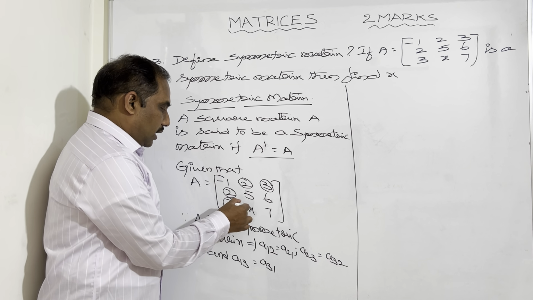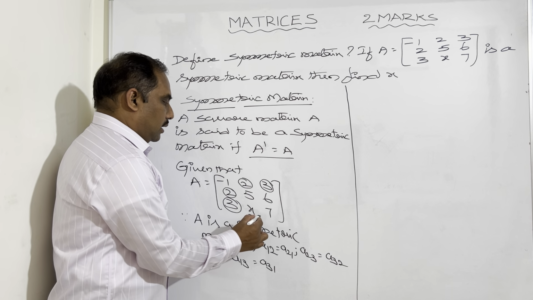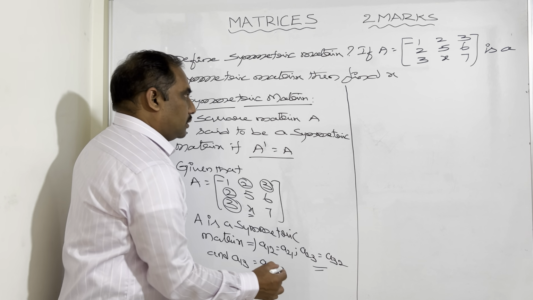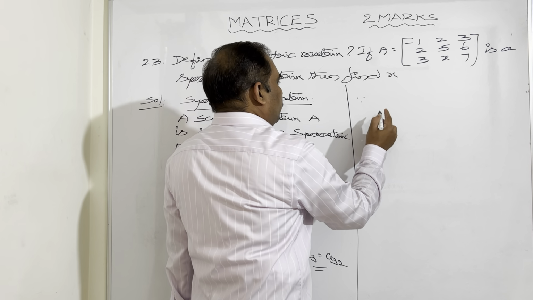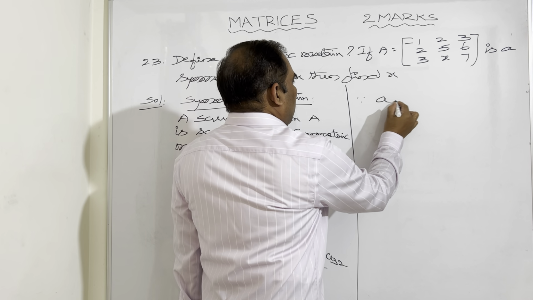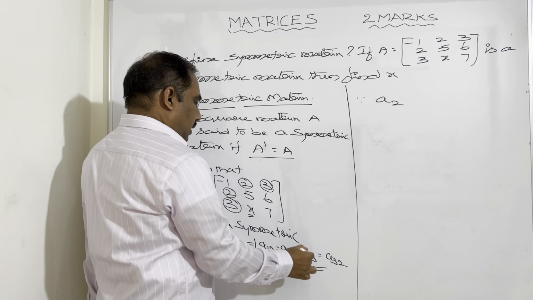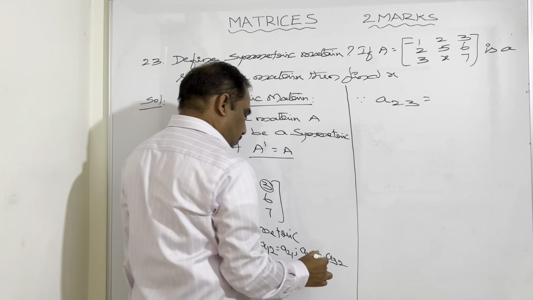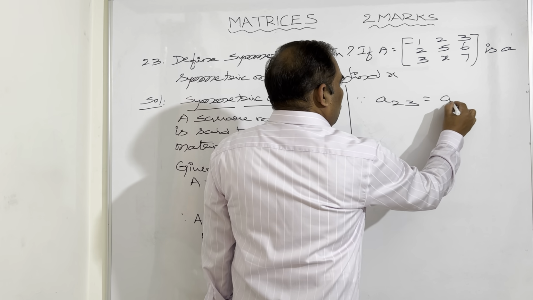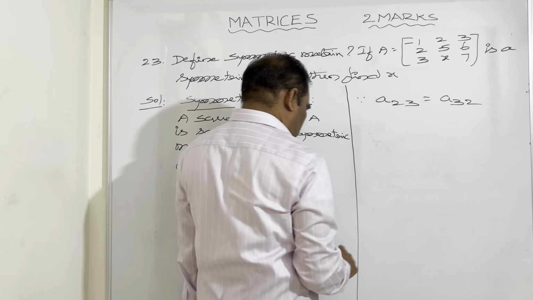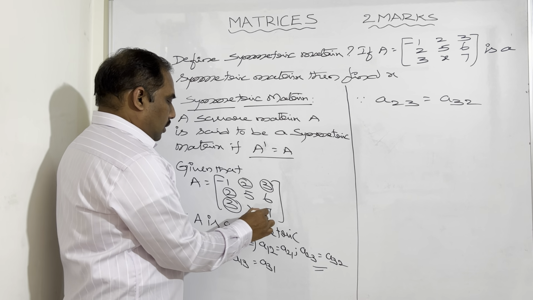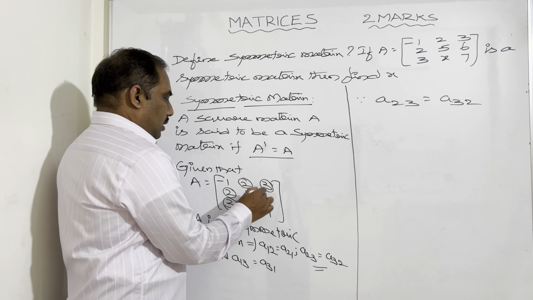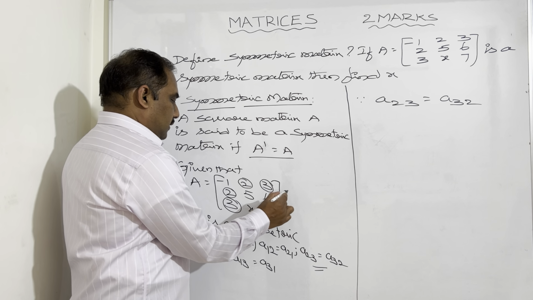Now to find the value of x, the second row third column element A23 is equal to the third row second column element A32. The second row third column element is 6.